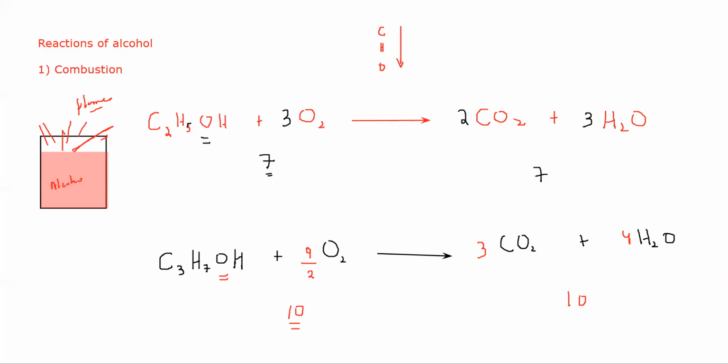The second reaction is called the oxidation reaction. Oxidation has different definitions. It has a definition in terms of electrons, in terms of hydrogen, and in terms of oxygen also.